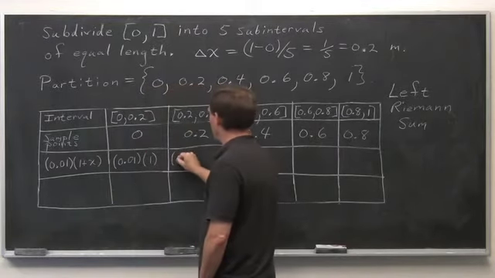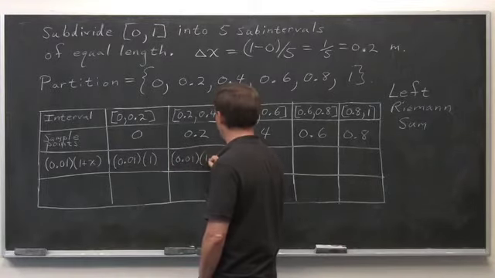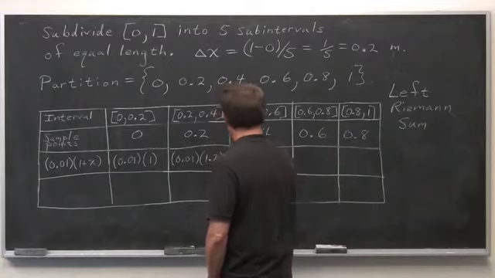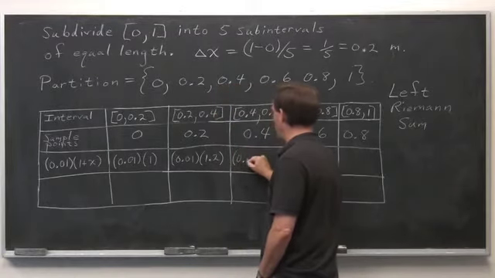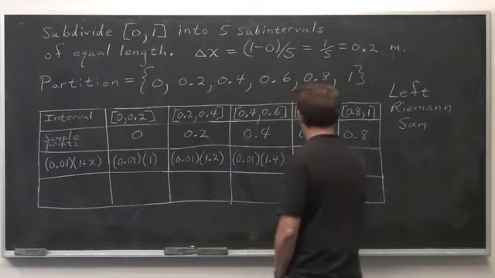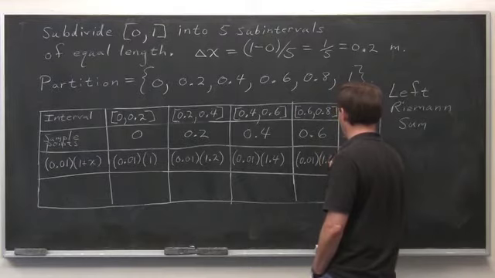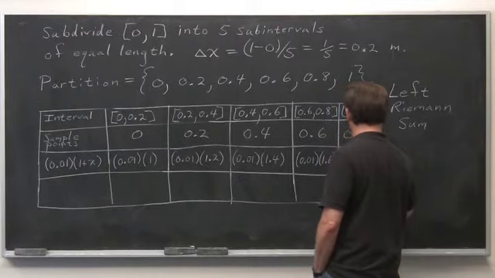Here you get 0.01 times 1.2. Here you get 0.01 times 1.4. Here 0.01 times 1.6. And finally 0.01 times 1.8.